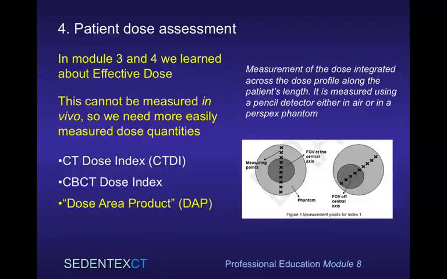However, there are difficulties associated with using a cone beam CT dose index because of the asymmetric positioning of field of views within the patient and the use of, for example, partial rotations of scanners. Consequently, most emphasis at the moment is being paid to the concept of dose area product, or DAP.